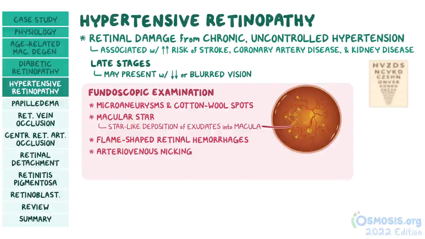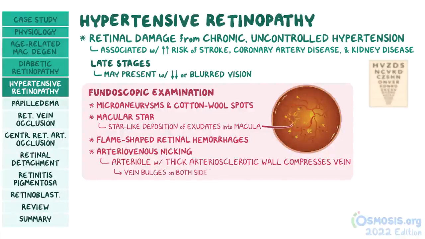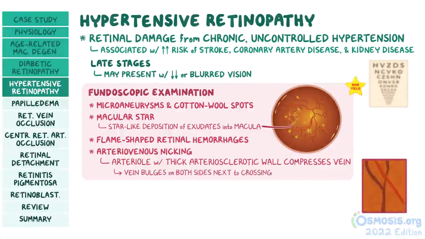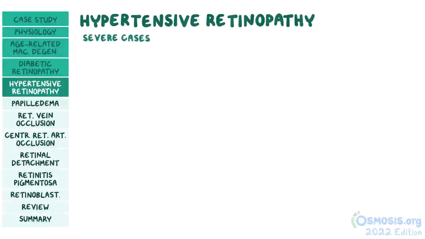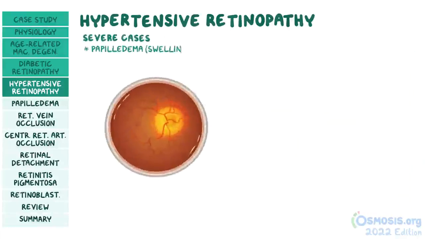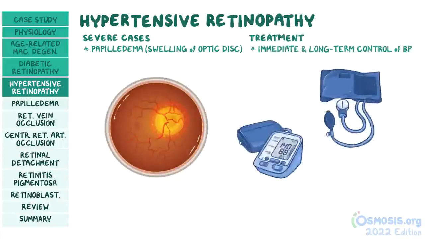This is seen when an arteriole with a thick arteriosclerotic wall compresses a vein that it happens to cross, so this vein bulges on both sides next to the crossing. In severe cases, papilledema or swelling of the optic disc can also be seen. Treatment of hypertensive retinopathy requires immediate and long-term control of blood pressure.